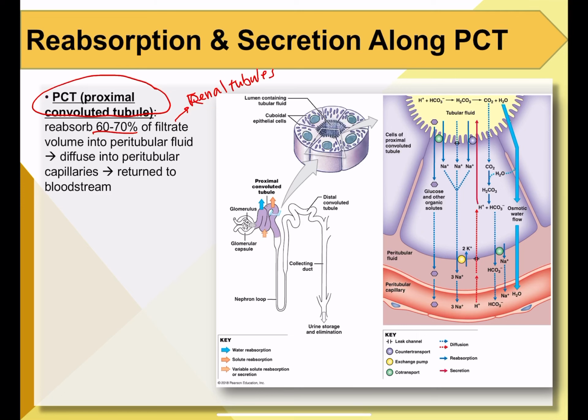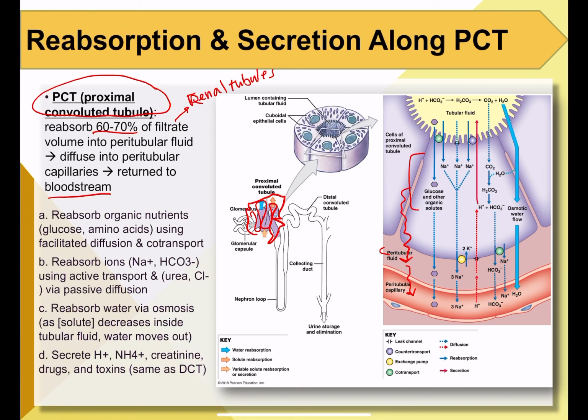This is where fluid will then diffuse into your peritubular capillaries and back into the bloodstream. So there are these peritubular capillaries that surround that PCT area. All these things you're seeing here will then travel to the peritubular fluid, which I was talking about in terms of interstitial fluid, and then travel into those peritubular capillaries and bring it back to your venules, back into your cardiovascular system in your bloodstream, okay?